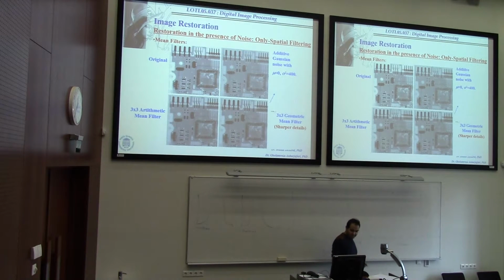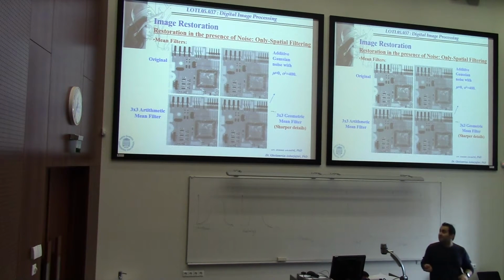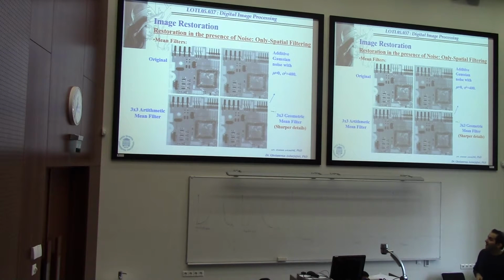But here we can see an example of this. Consider this as an original image. We added Gaussian noise to the image with a mean of 0 and variance of 400. Then we apply a 3x3 arithmetic mean filter and a 3x3 geometric mean filter on the image.